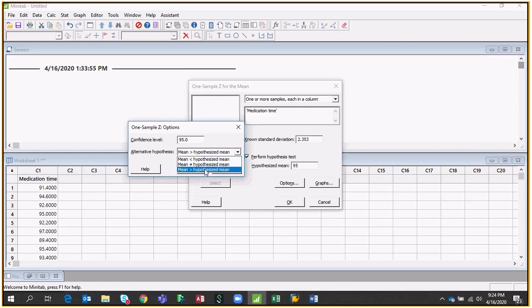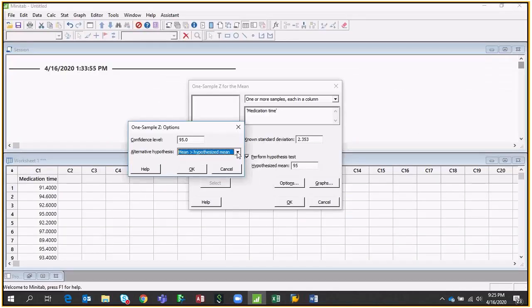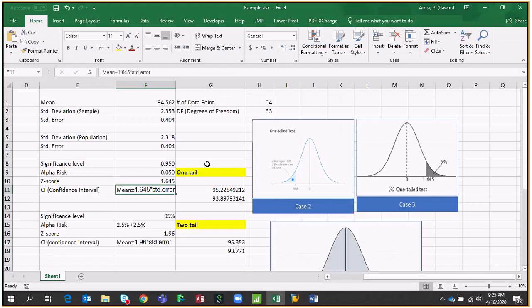These two tests are called one tail tests, and here the confidence interval formula will be this, because this is one tail, greater than or less than. Now there is another test in the middle, which is called not equal. In the not equal case, we have two situations, less than or greater than, because it's not equal. So in that case we are using this formula.